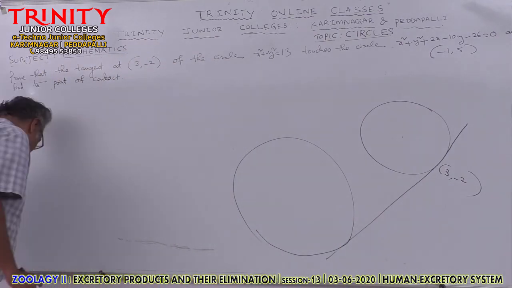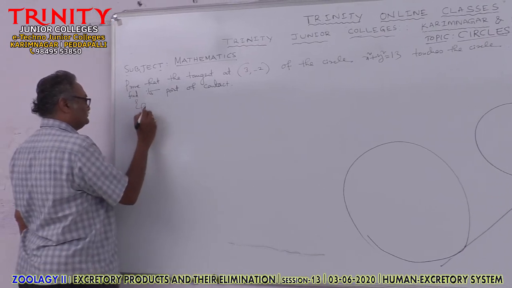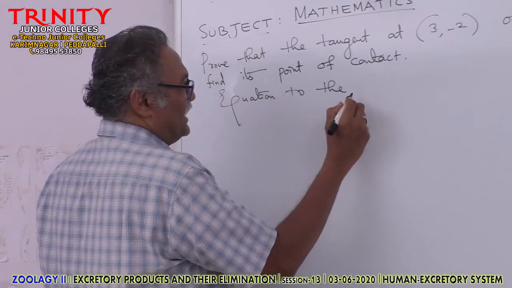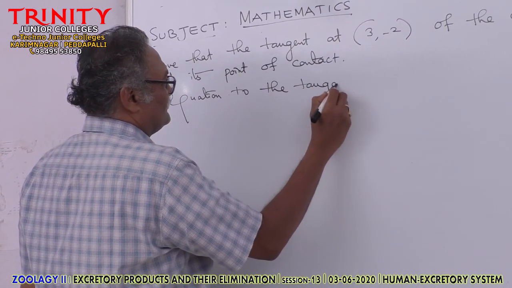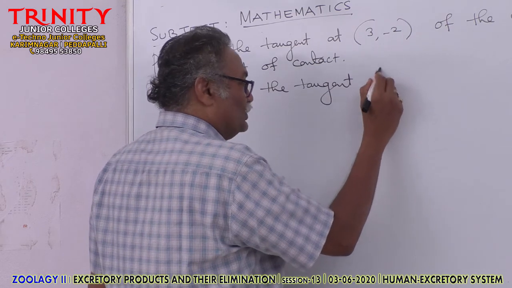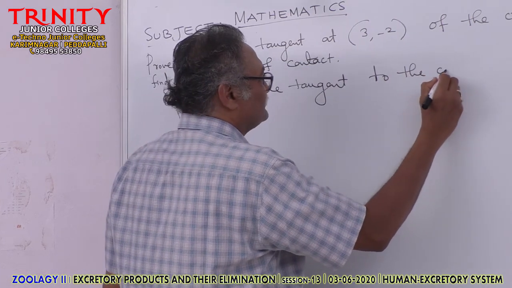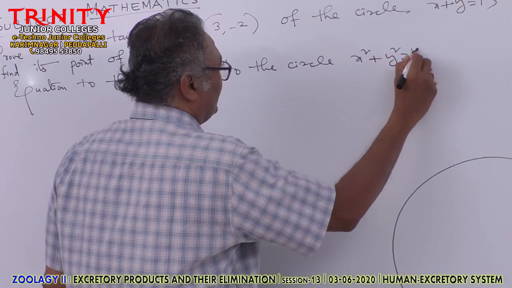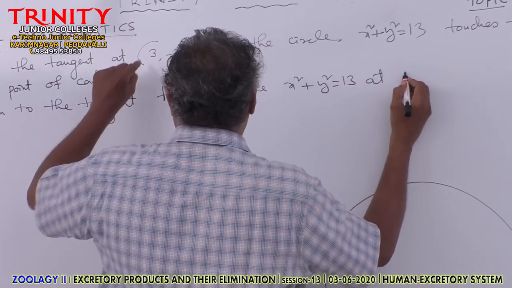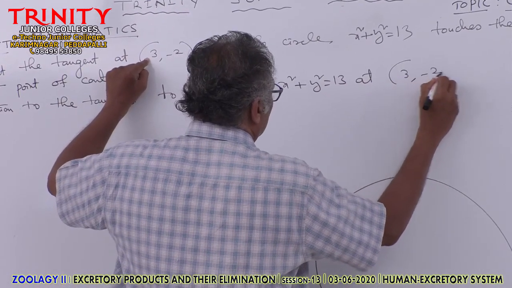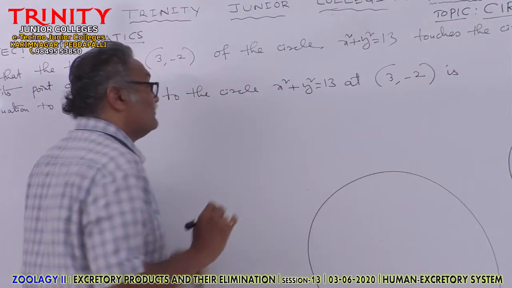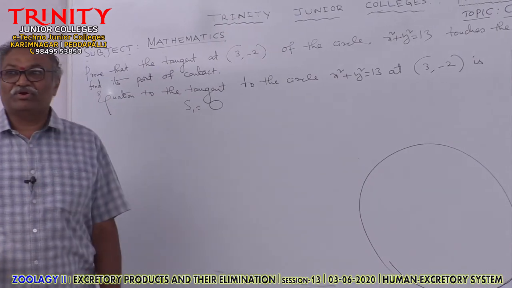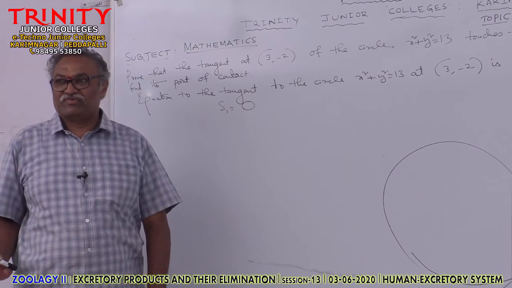Equation of the tangent to the circle x square plus y square equals 13 at the point 3 comma minus 2 is, formula, S1 equals 0.